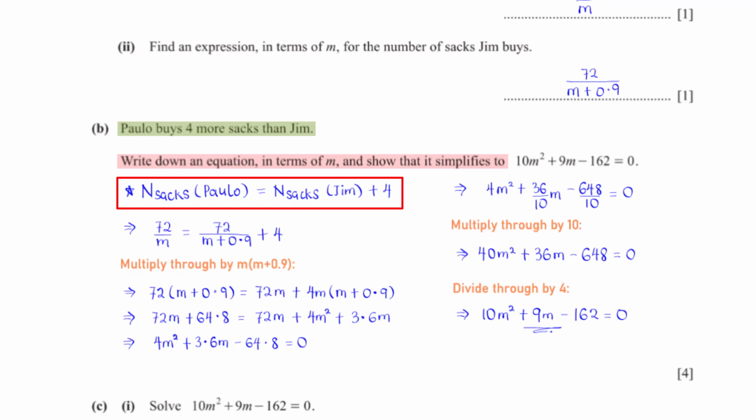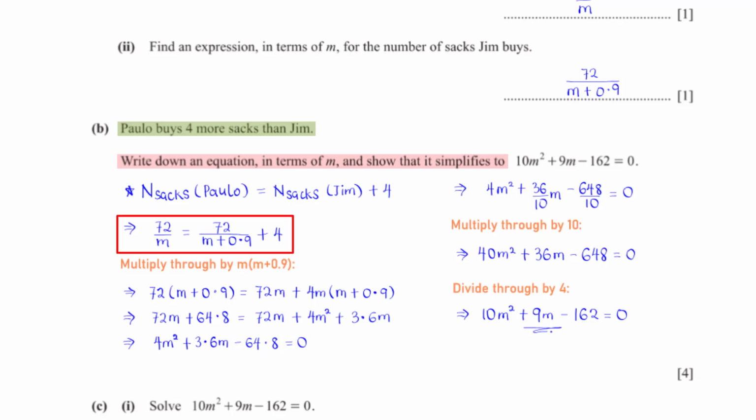We know the number of sacks Paulo buys is 72 over m, and the number of sacks Jim buys is 72 over m plus 0.9. When we multiply through the equation by m times m plus 0.9, this is what we have.